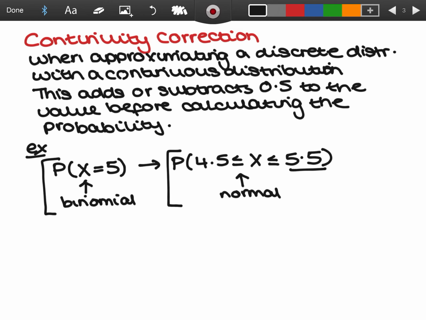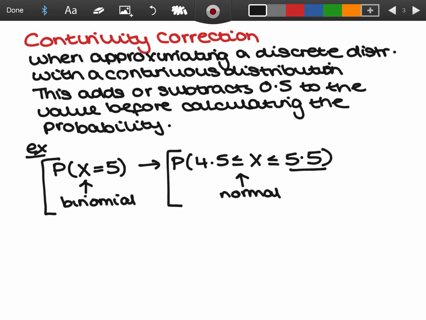So regardless of whether we take this as up to 5.499999 or up to 5.5, it doesn't make any difference because the probability that it will equal exactly 5.5 doesn't exist. We need that range in there. So we actually take it anywhere between 4.5 up to 5.5. So when you have equality, you take all things that could possibly round to that value.